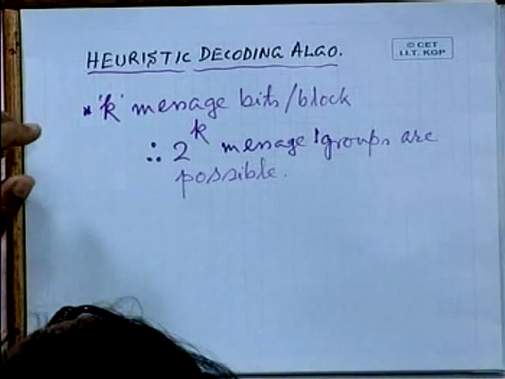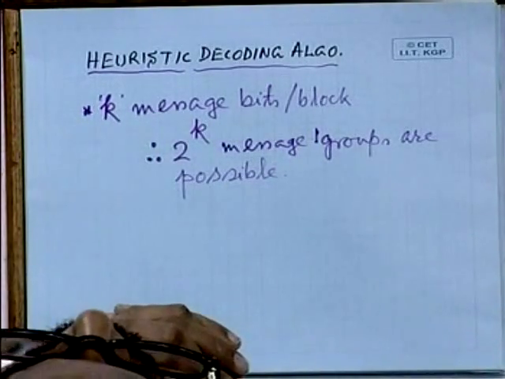Now, let me consider a particular group of k message bits as a point in an n dimensional space. Can I do that? Actually, let me consider this specific k bit message pattern as a point in a k dimensional, not n dimensional, space. Can I do that?